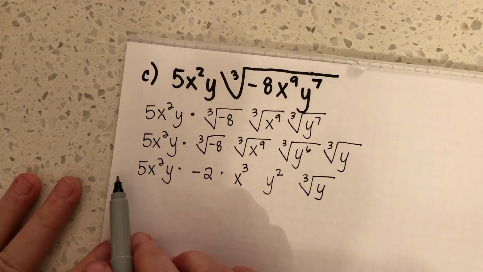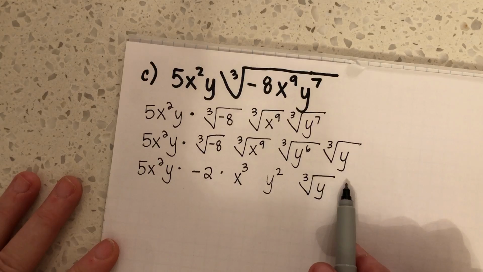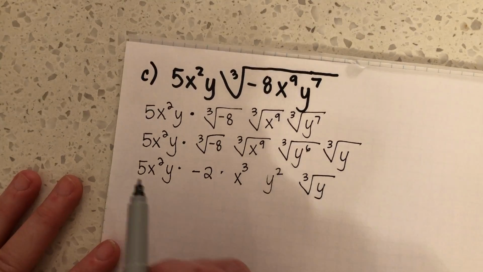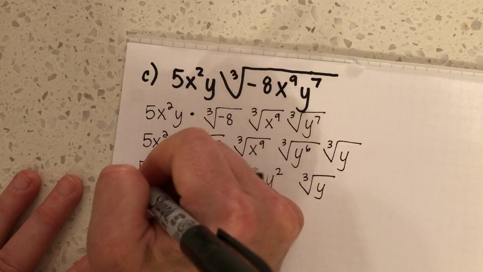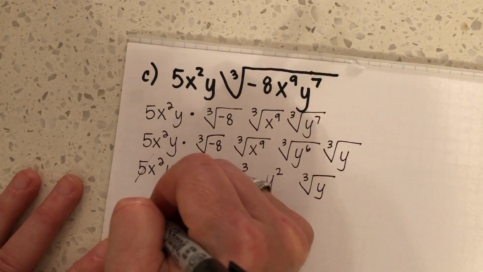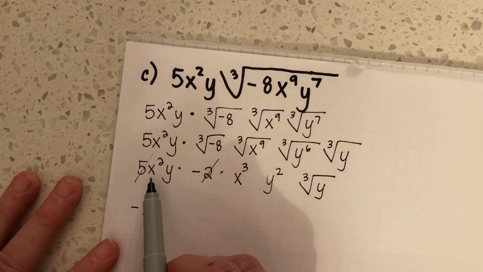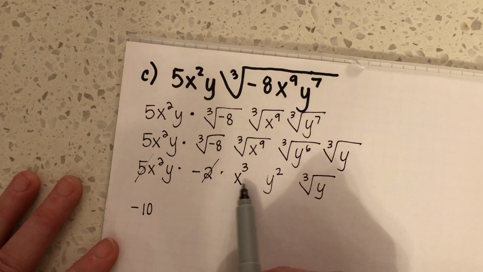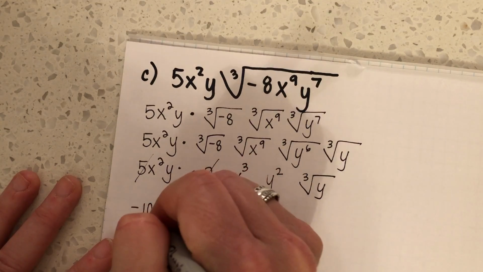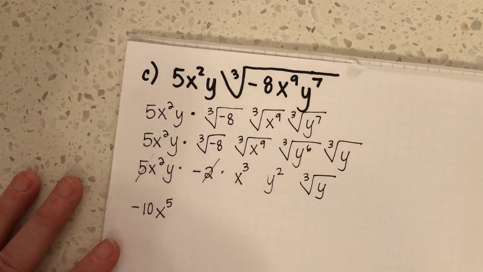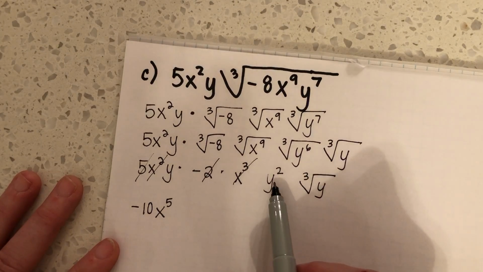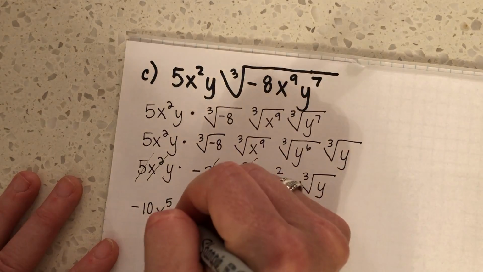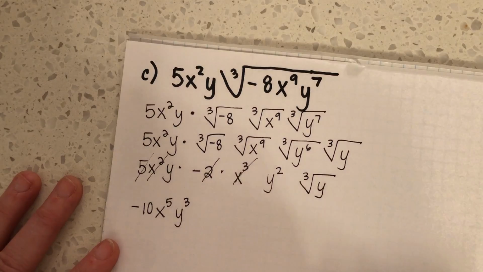All right, now we go through and multiply anything on the outside together. 5 times negative 2 times no other numbers is negative 10. X squared times x to the third is x to the 2 plus 3, x to the 5th. Then y times y squared is y to the 1 plus 2, y to the third.